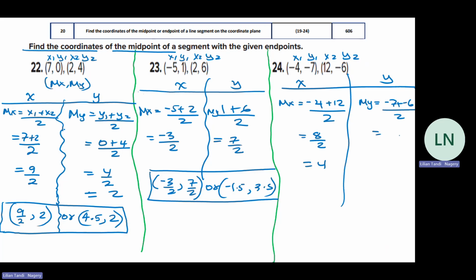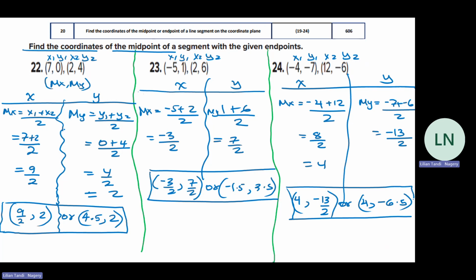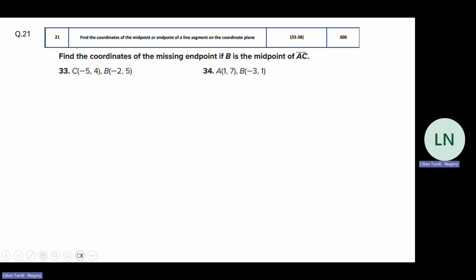This becomes negative 13 divided by 2. Okay, so my answer will be 4, negative 13 over 2, or 4, negative 6.5. So that's how I write my answer. Okay. All right.